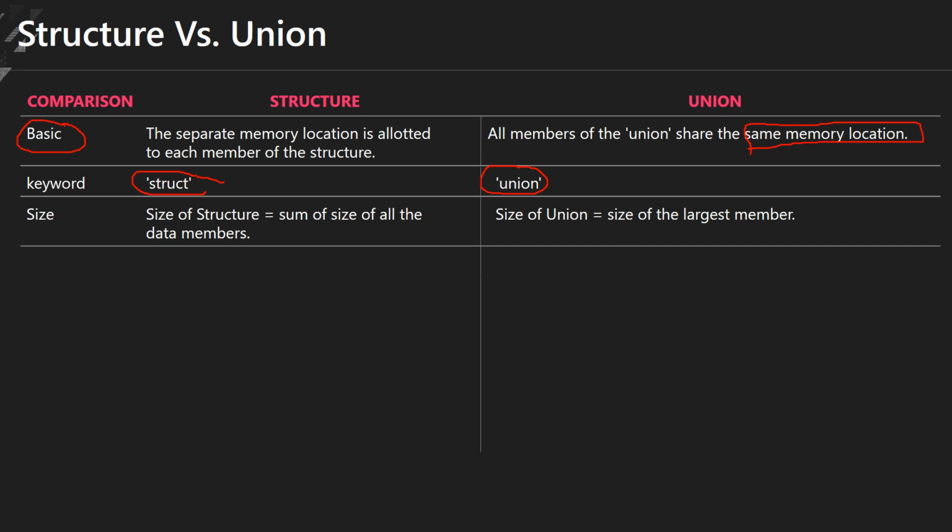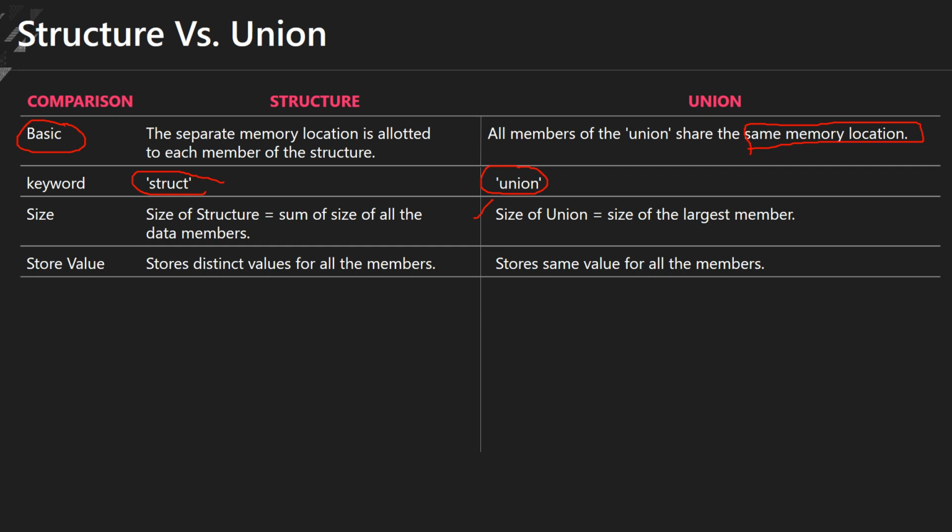Then how do you calculate the size of a union? The size of a structure is equal to the sum of the sizes of all the data members used in the declaration of the structure. Whereas the size of a union is the size of the largest member in the union declaration.